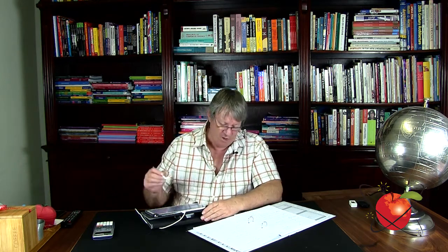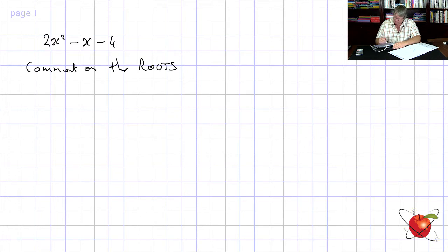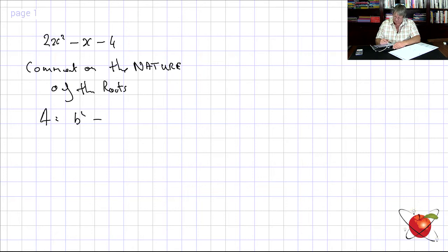If we're going to comment on the roots, very often they say comment on the nature of the roots. Straightforward, that's delta equals b squared minus 4ac, and I say, right, here's my equation. I take out a equal to 2, b equal to minus 1, c equal to minus 4, and put it in.